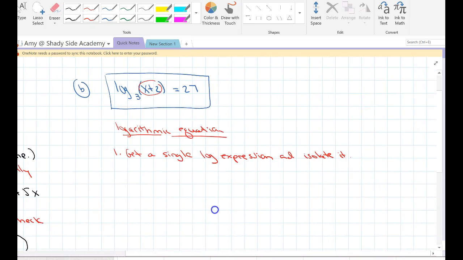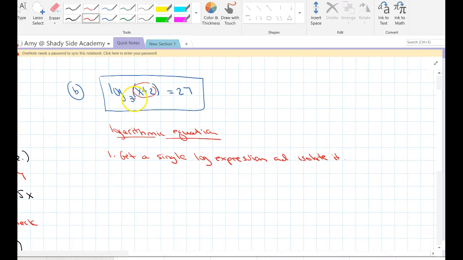Well here there only is one log expression and it's already isolated. Aren't you lucky? So this is already done. And if you're wondering, can she show us an example of where it's not isolated, or where there's not only one log expression? The answer is, of course, yes. Step 2 is rewrite exponentially.